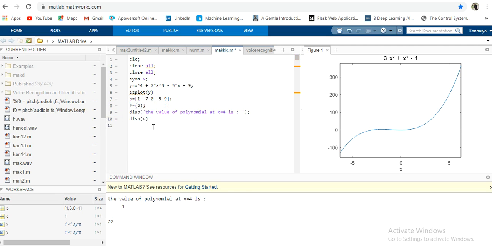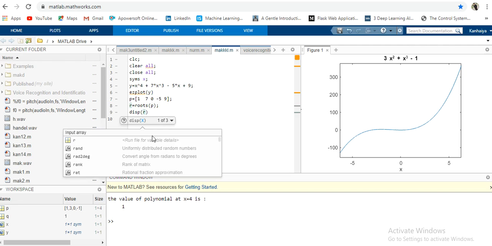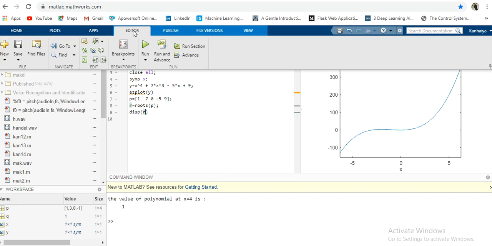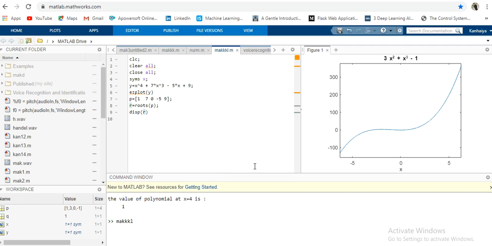We will use the roots function here. The roots function takes an array of polynomial coefficients to show the roots. Okay, let's run it and see what roots are given by MATLAB.